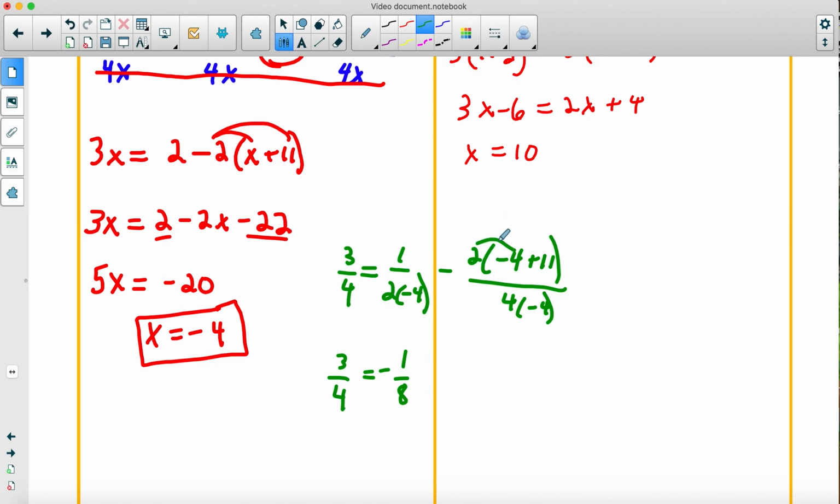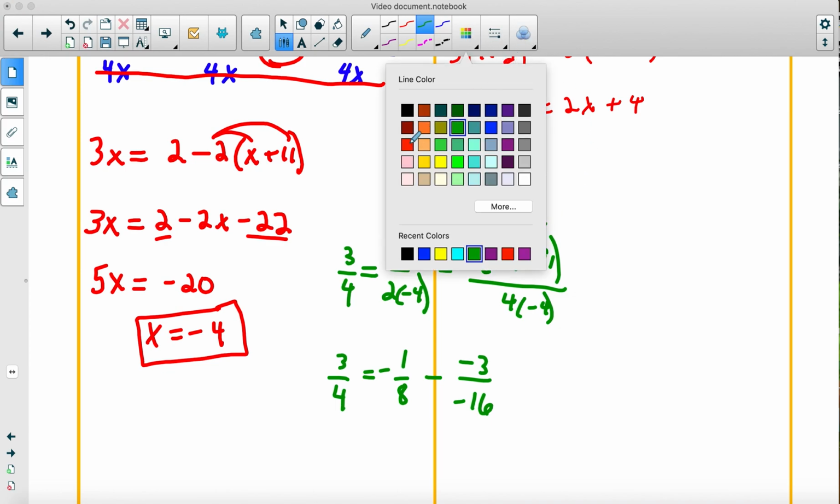All right, I'm going to distribute, so I'm going to get minus, negative 8 plus 11, which is going to be a negative 3 over negative 16, right? Hope you agree. Except I lost my 2. Oh no, I'm sorry. I did distribute my 2, got my negative 8. This is supposed to be a negative 22, guys. That's where I goofed. I hope you saw my goof.